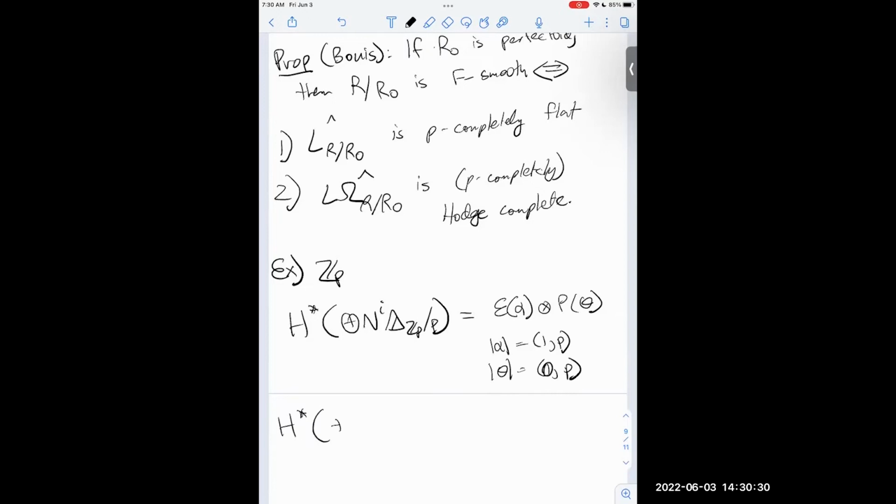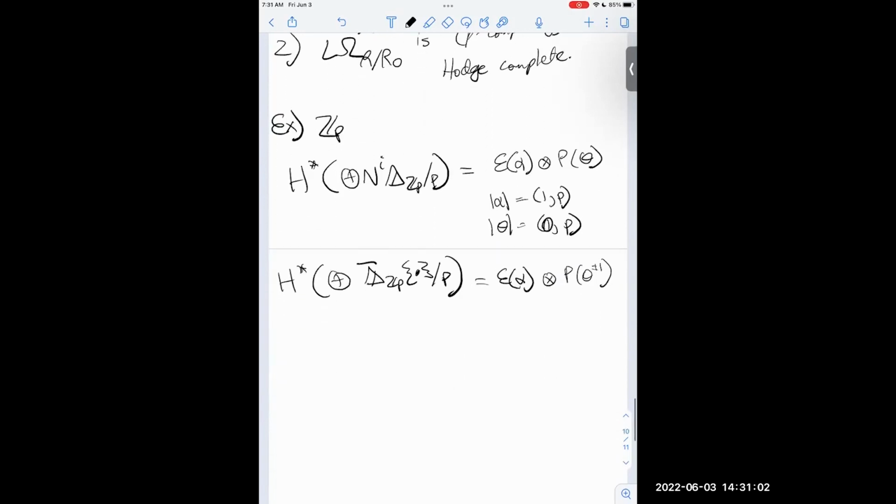Furthermore, if you take the Hodge-Tate cohomology of Z_p, again with all the Breuil-Kisin twists, mod p, this is another bigraded ring, exactly the exterior algebra on the same class alpha, but instead of a polynomial ring on theta, it's a Laurent polynomial ring on the class theta. So you have a map of bigraded rings coming from the divided Frobenius. F-smoothness is saying that this map is an isomorphism in some range of amplitude, and you can see that directly from writing these out.